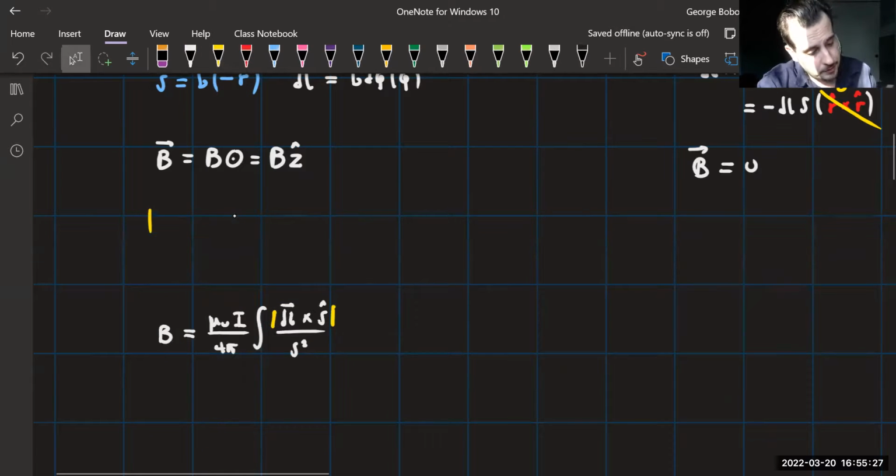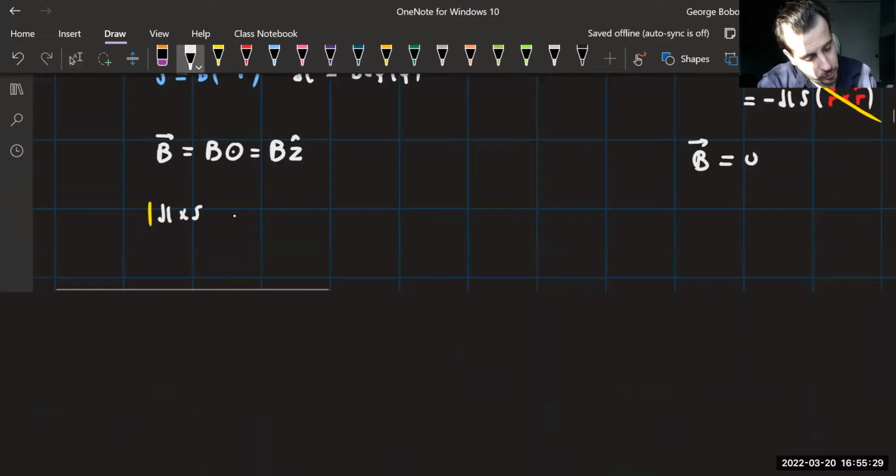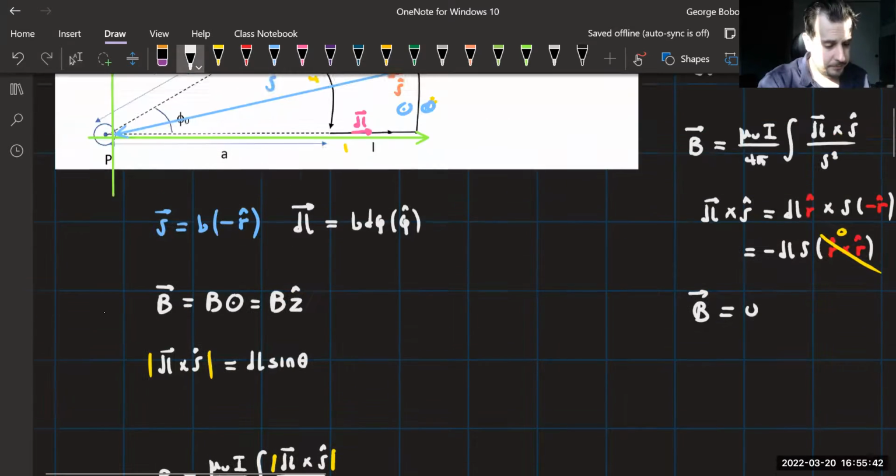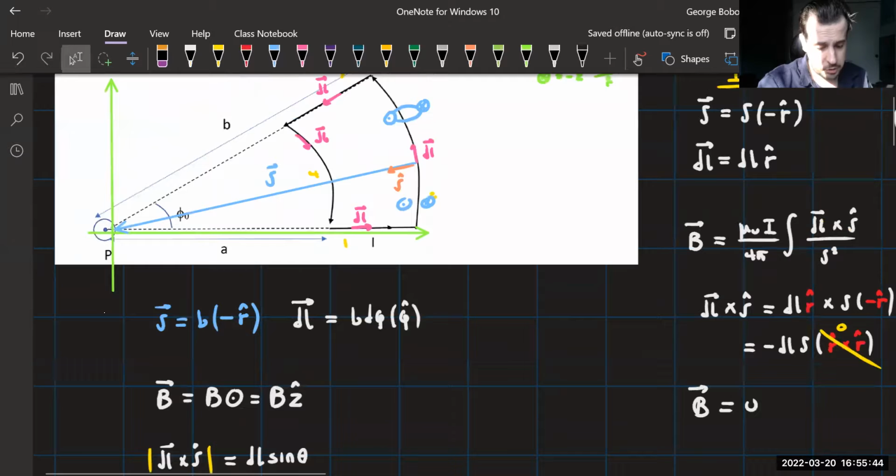So what is this? Let's see. dL crossed with r hat, and then the magnitude of that. Well, again, I need to find dL sine of theta. But pay close attention.